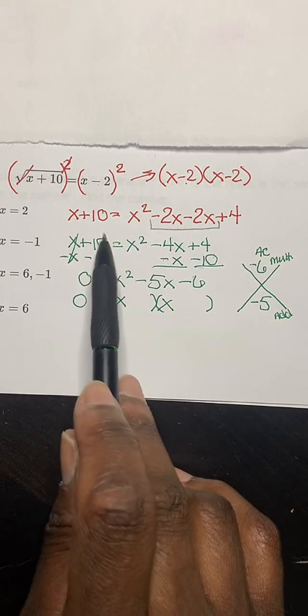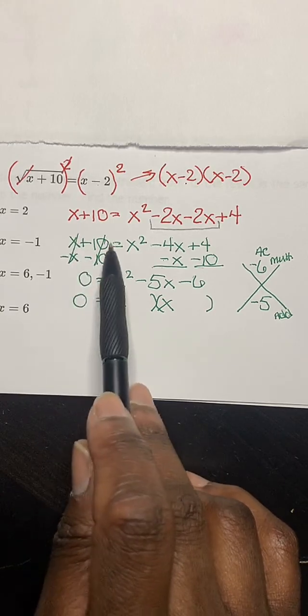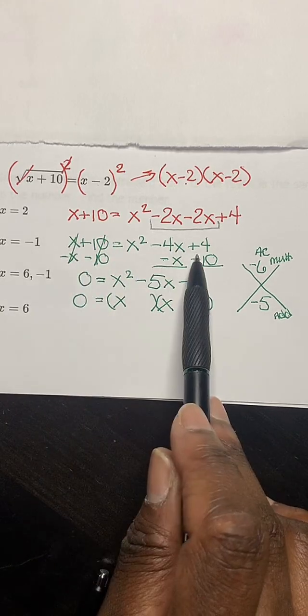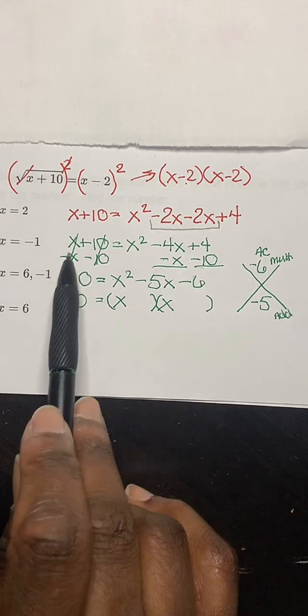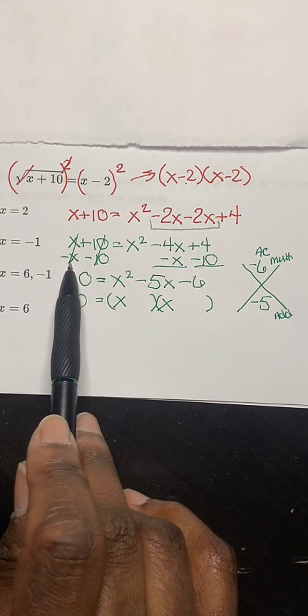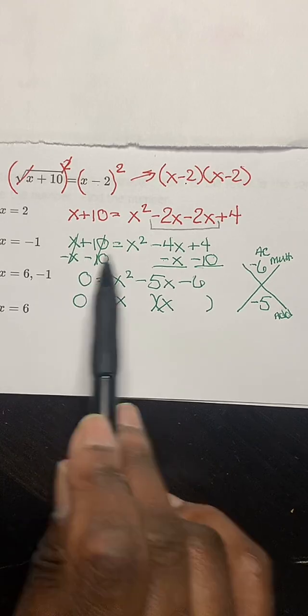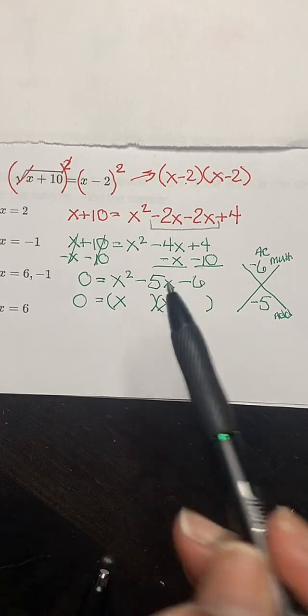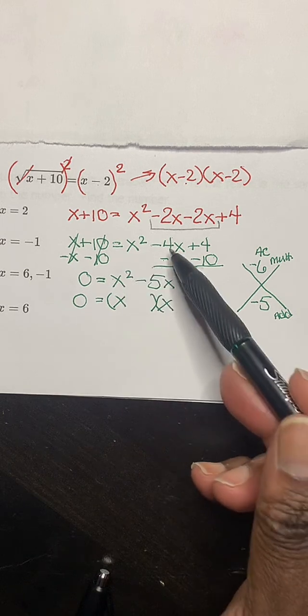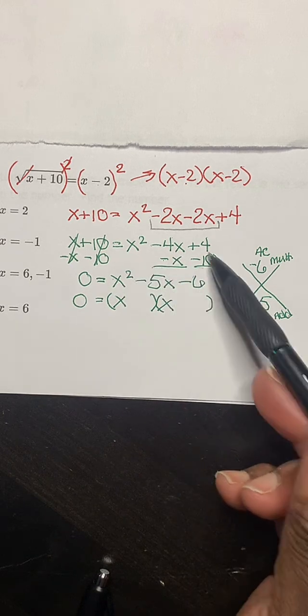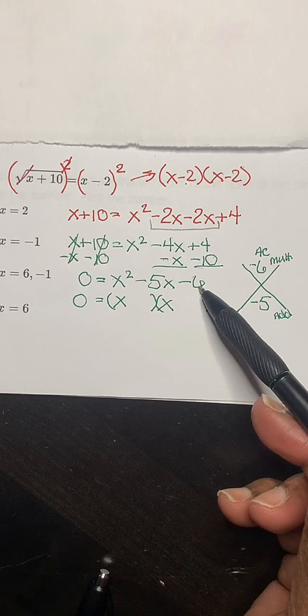Then I needed to move that x and that positive 10 over to the other side of the equal sign. So since it was a positive x, we had to subtract x. Since it was a positive 10, we had to subtract 10. So now we have x squared minus 5x minus 6.